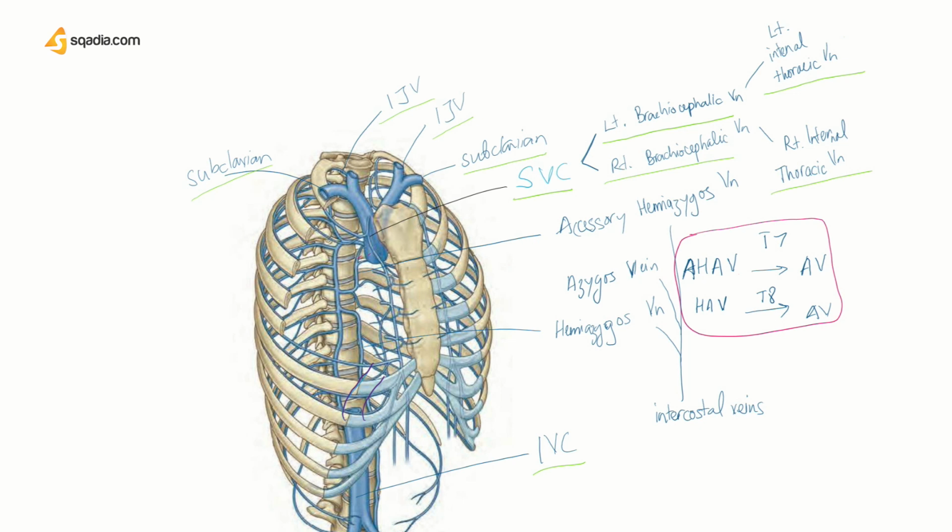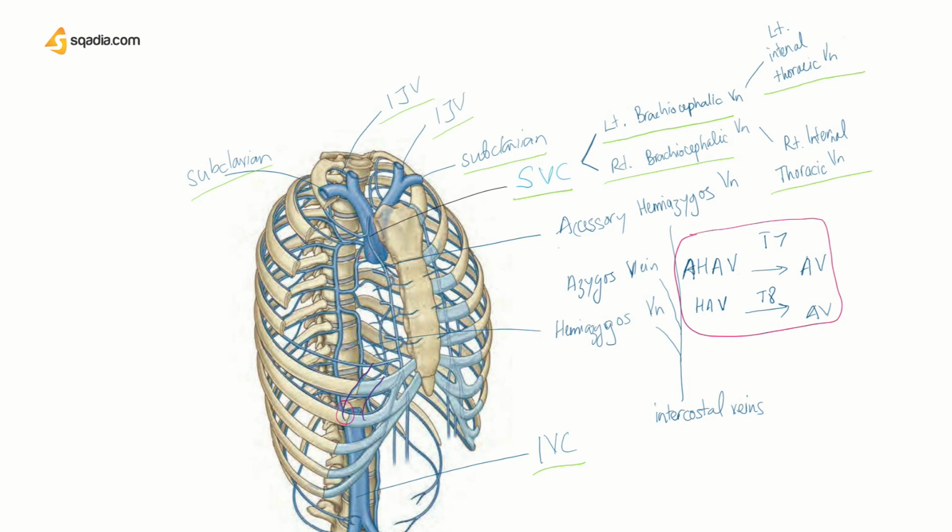Now, on the posterior aspect near the vertebral column, we can see a big vein on the right side called the azygous vein. The azygous vein drains into the superior vena cava at the top. And the azygous vein also starts from the abdominal aorta. As you can see, here is where it drains into the superior vena cava.